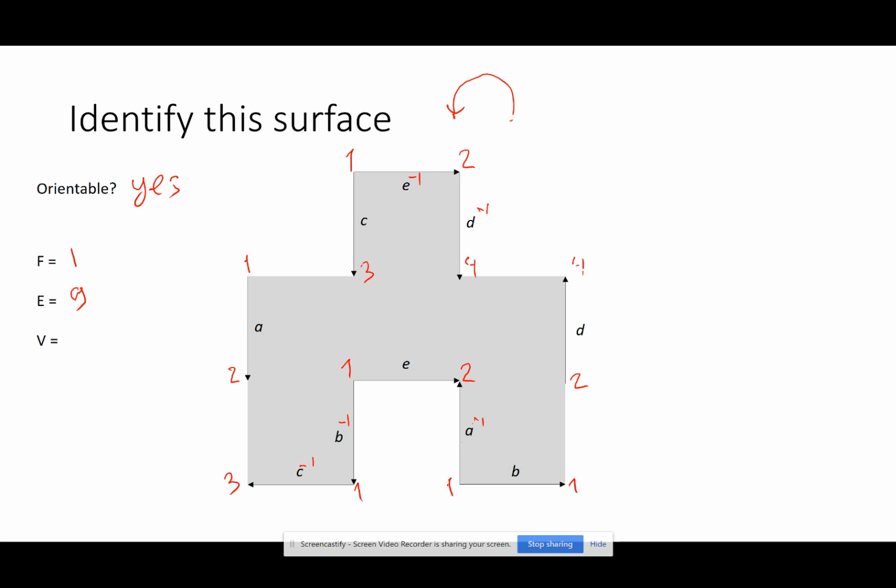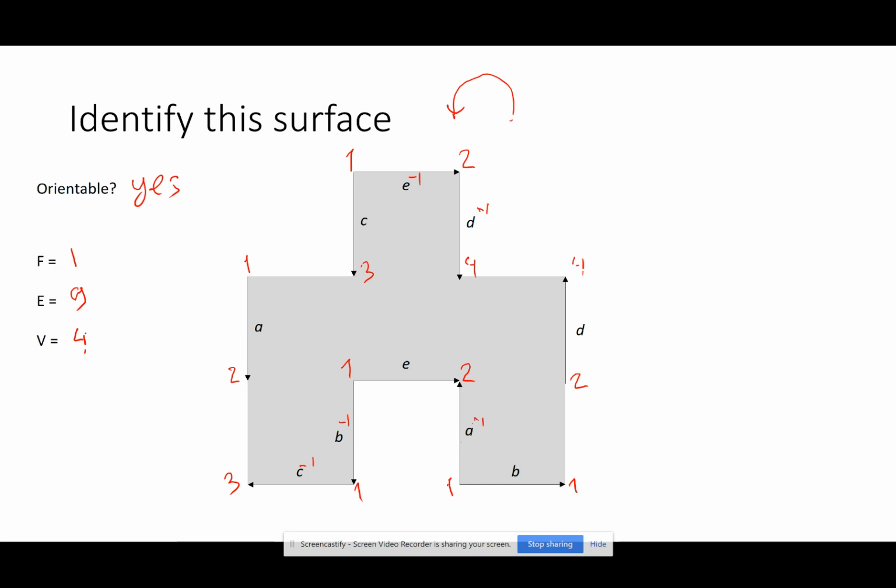Right? So which means that D goes from vertex 2 to vertex 4. Okay, and finally E, and E has already been identified. It goes from 1 to 2. So that's all. So the 14 different vertices of the original plane model represent just 4 different points on the surface. So the number of vertices is 4.